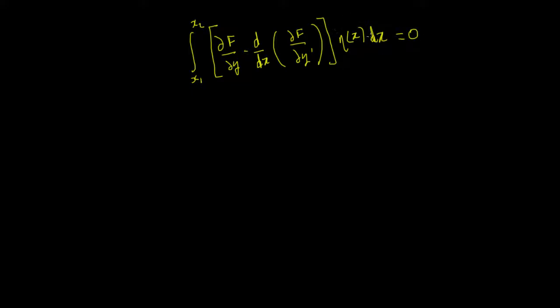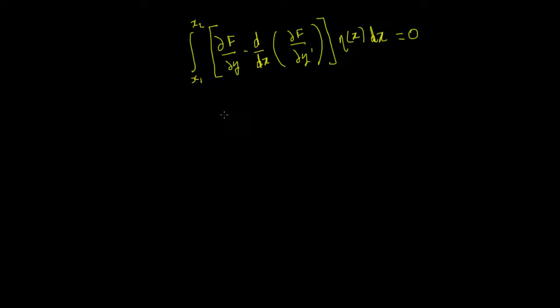Now we're assuming beta of x does not equal 0. If that doesn't equal 0, we're trying to prove that this section here must equal 0 in order to make the whole thing equal to 0.